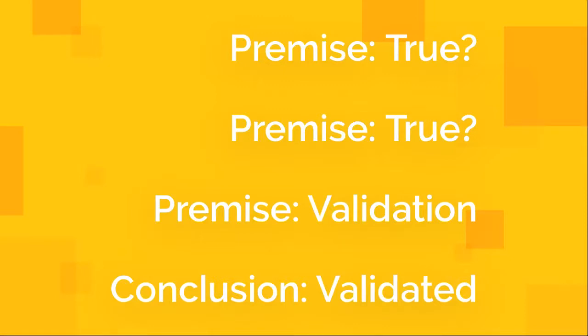Is that also true? Then another premise is a type of validation, and the conclusion is validated. Now, a syllogism is generally a three-statement argument. So this one has one more, but I'm applying that validation just to show you the reasoning process towards getting to our conclusion.